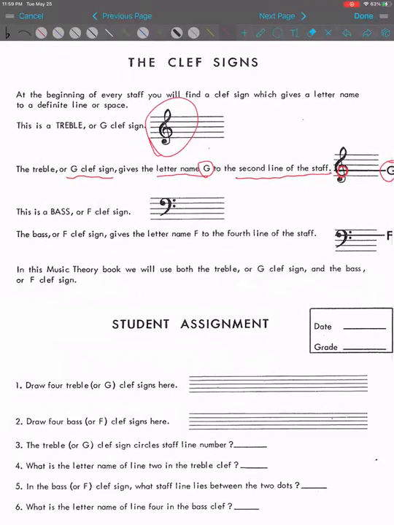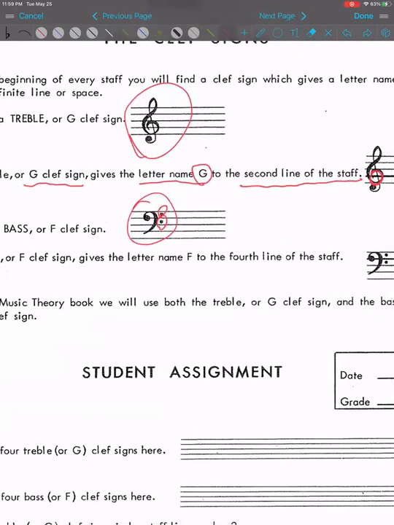And this is a bass clef, or we call it F clef. The F clef has 2 dots right here, and it's sharing the 4th line.